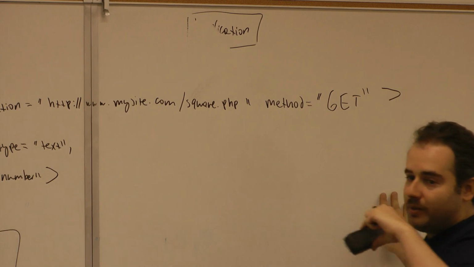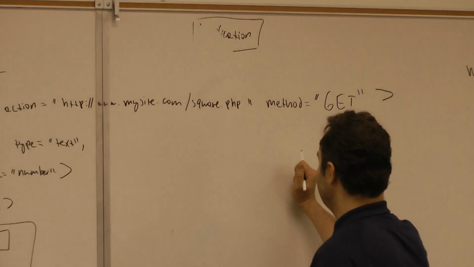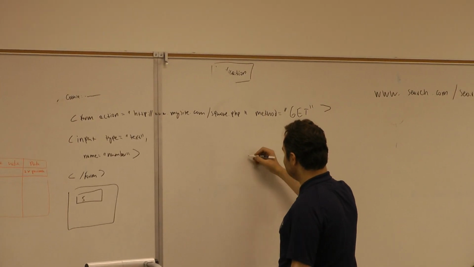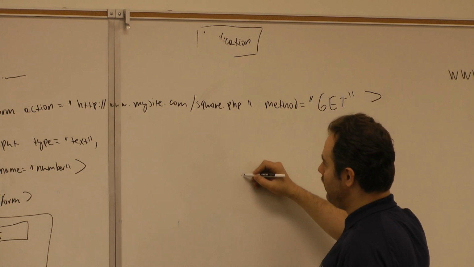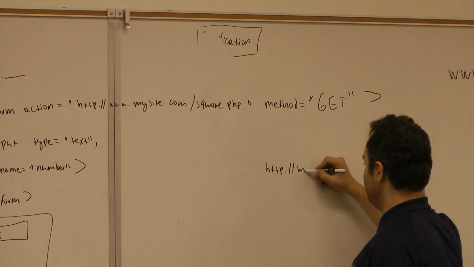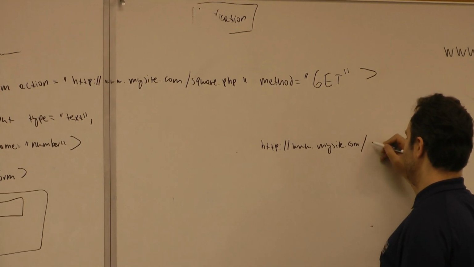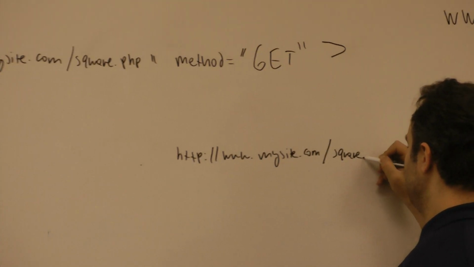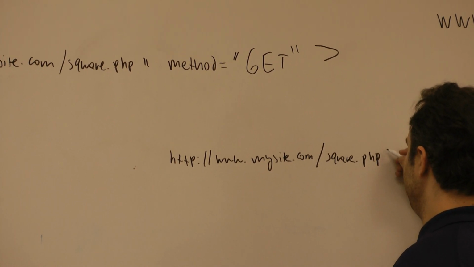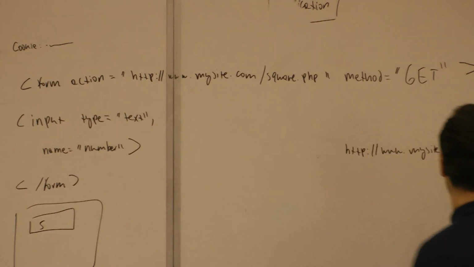Now, so when I hit submit, an HTTP request is going to be generated, and in that request, what's going to happen is it'll have a URL that looks like this. So http www.mysite.com/square.php, and then the variables, which will be the name, which is number, and then the value will be to what it was sent to.